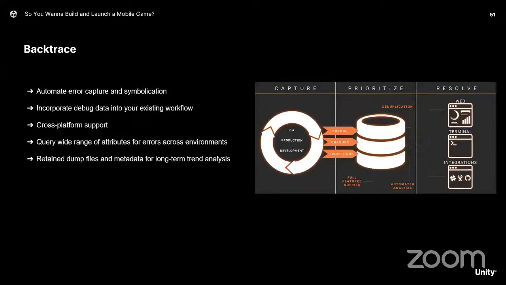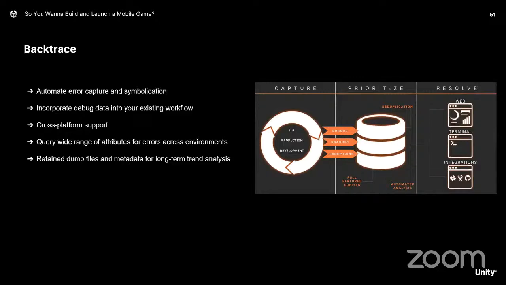You can incorporate the debug data into your existing workflow, and what that means is basically when there's an error captured in Backtrace, you can have that be hooked into maybe a Jira task. It will create a task for you and assign the appropriate developer to take a look.